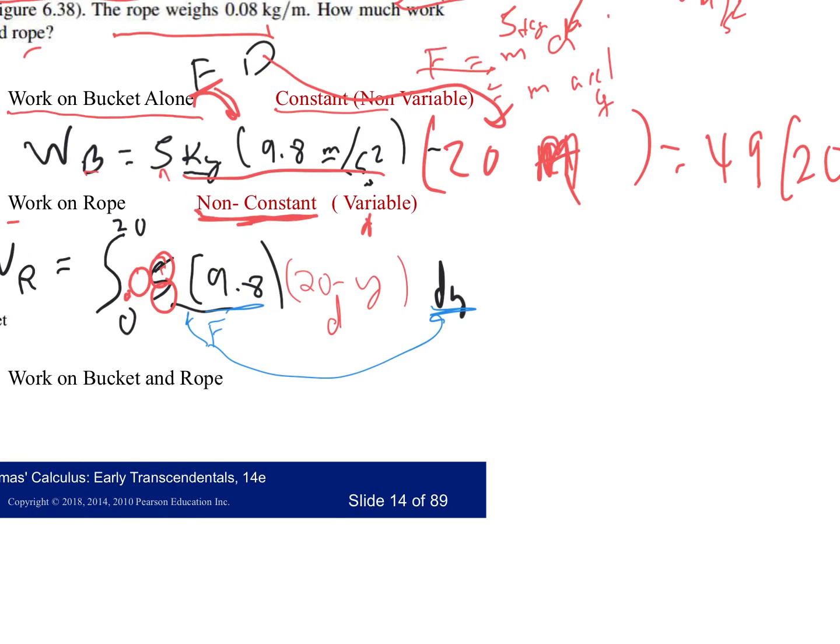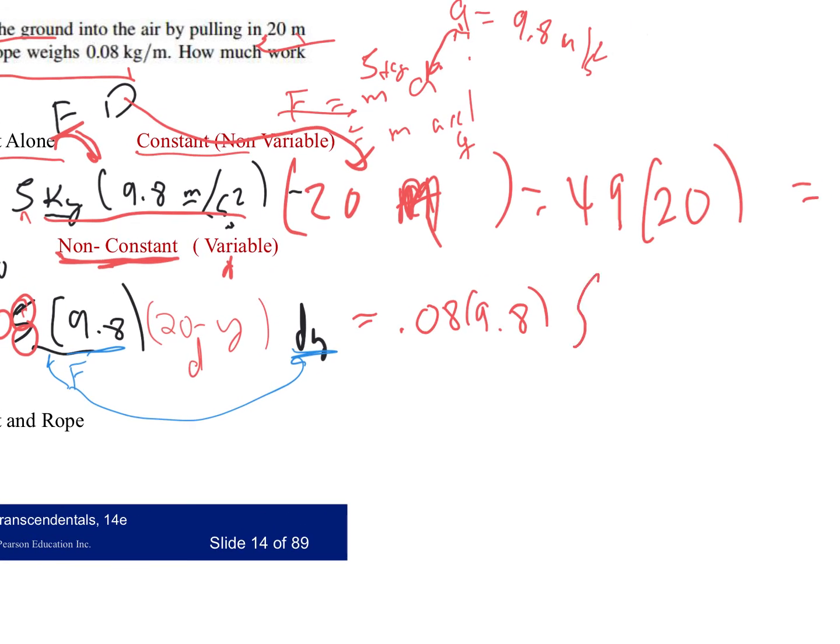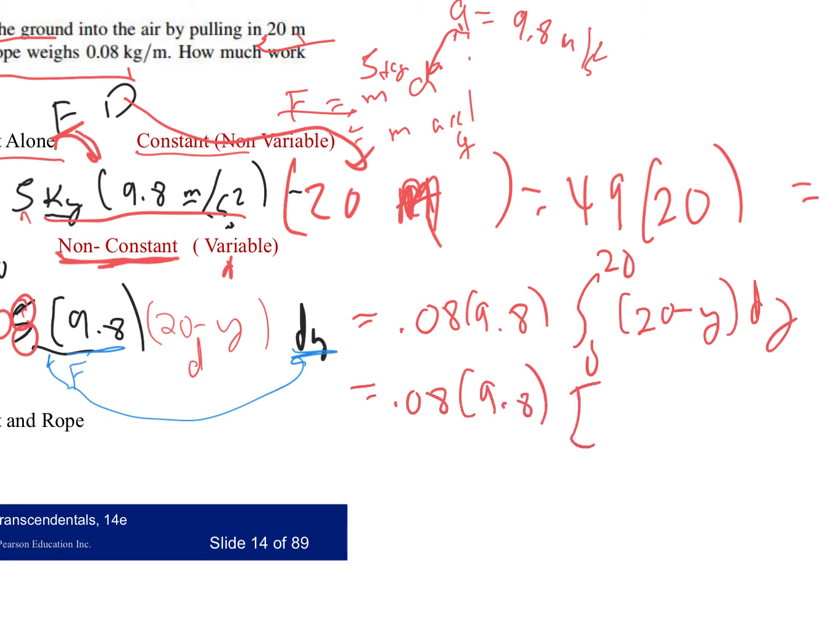All right. That equals, pull out the 0.08 times 9.8, still integrating 0 to 20. 20 minus y dy, that is 0.08 times 9.8 times 20y minus y squared over 2 from 0 to 20.